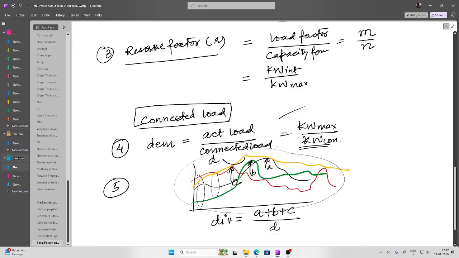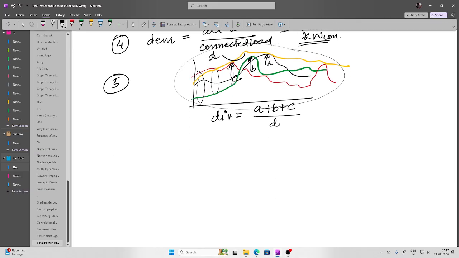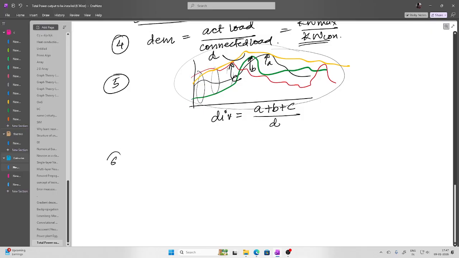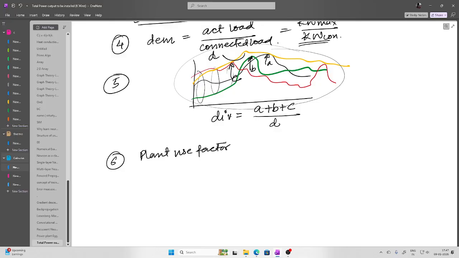And now comes the last factor which I remember right now, and that is what is called the plant use factor. It is denoted by U. Now what is a plant use factor? It is basically the ratio of energy or electricity produced in a given time.